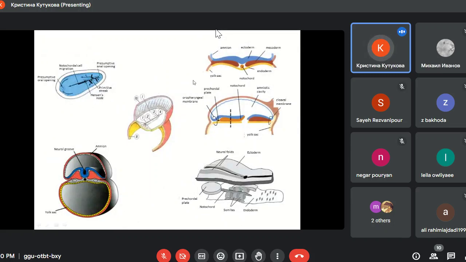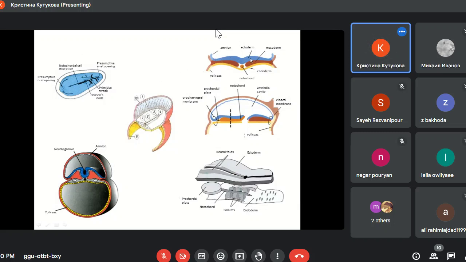So here you can see the same process, starting from migration of gastrulation, second stage of gastrulation, organogenesis, neurulation, and these are the pictures also that you will see in the questions for colloquium, in the tests. Also these are the sections of embryo after gastrulation took place. So this is the cross section of embryo, like this.